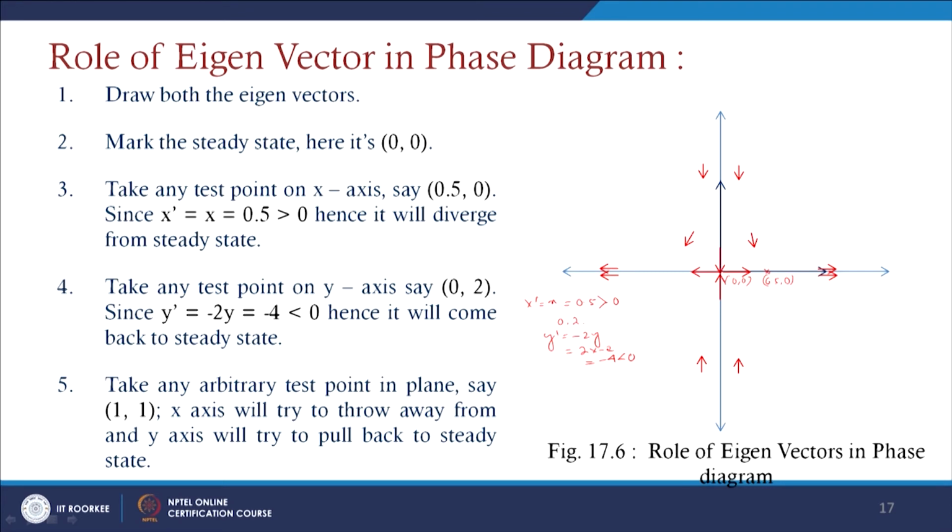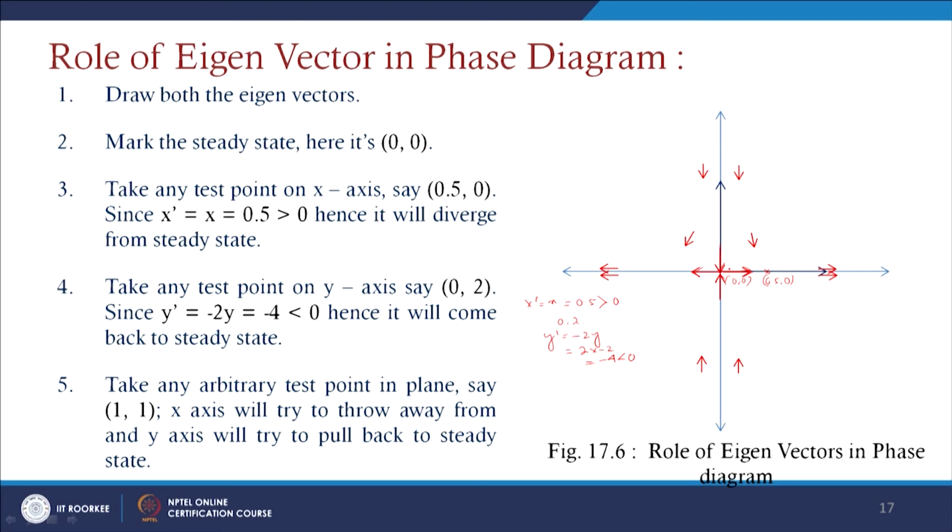So, if you see the combined form of these vectors, first the x axis and y axis we are considering as the vectors here, and at the origin, since the eigenvalue corresponding to the y axis is negative, the y axis means it will come towards the origin. But the eigenvalue for x is positive, so it will move far away from the steady state point.